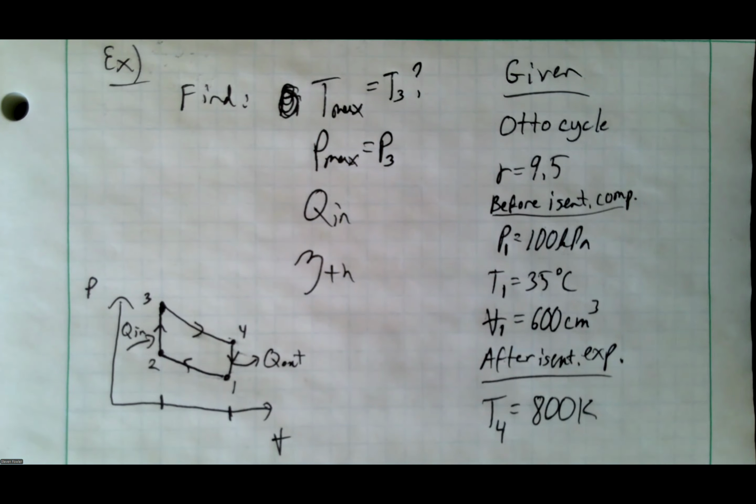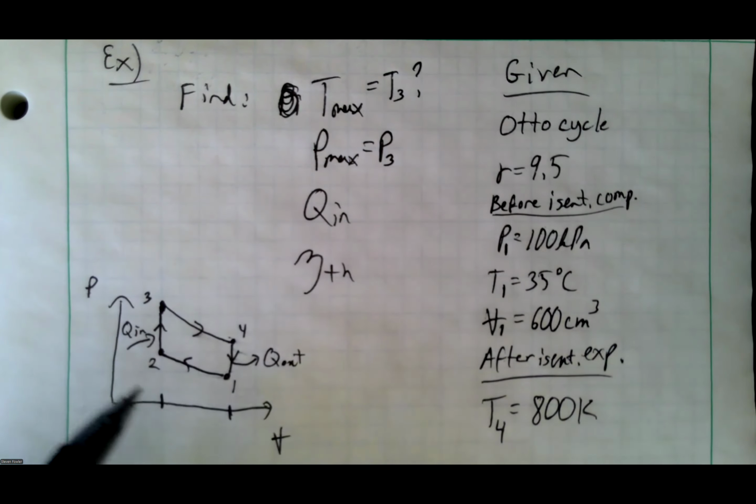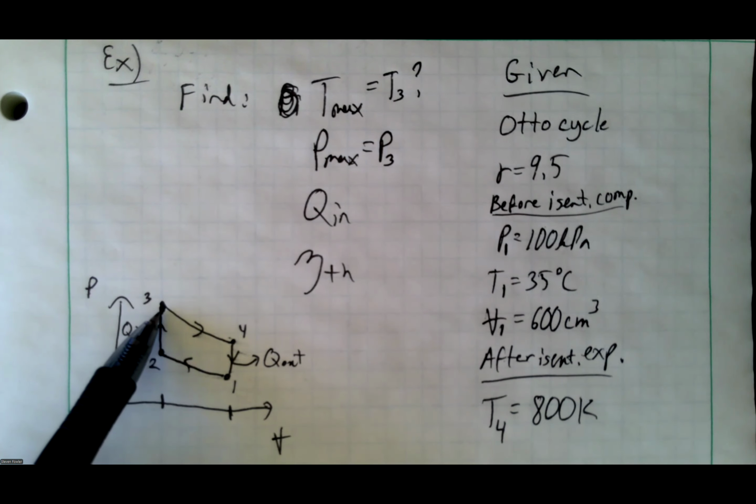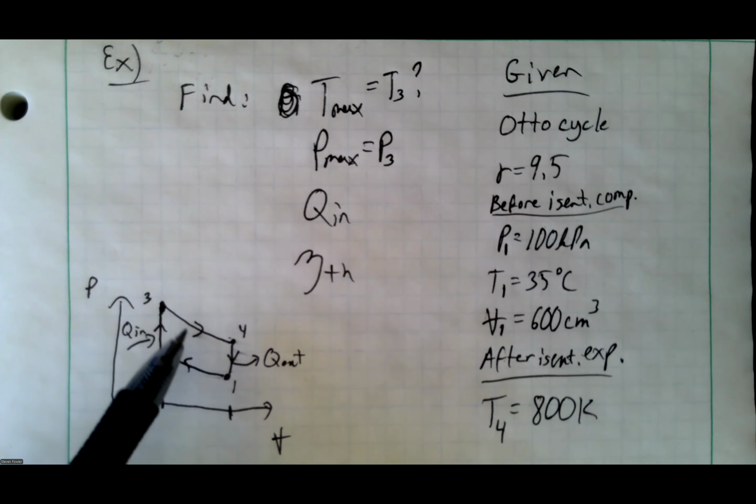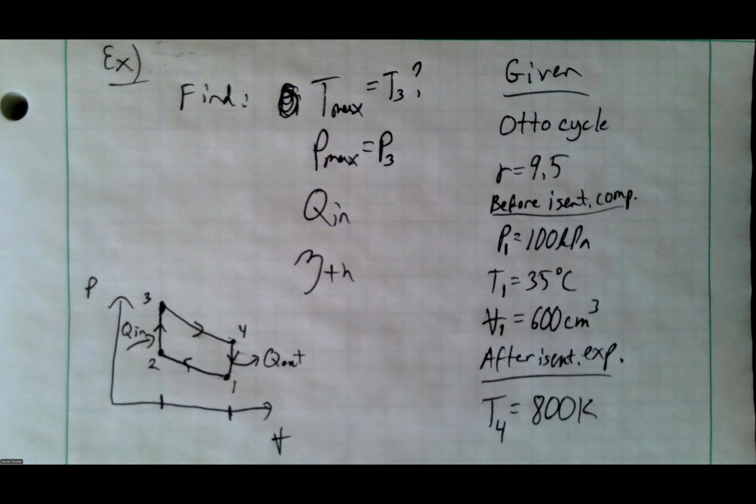The good news is I already know 2 temperatures. So if I know T2 and I can find T3, I have all 4 temperatures. I can compare them all to each other and absolutely know that T3 will be the max. Typically in an Otto cycle problem, you'll want to figure out as quickly as you can how to get to all of the temperatures around the cycle.